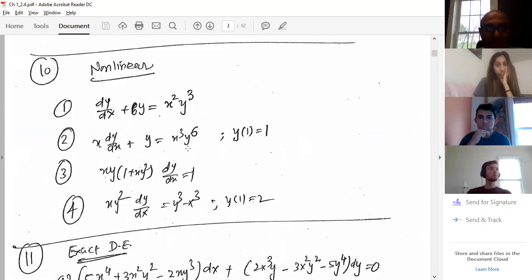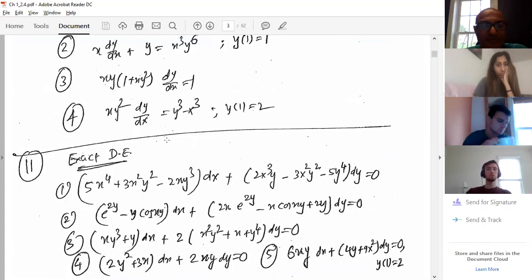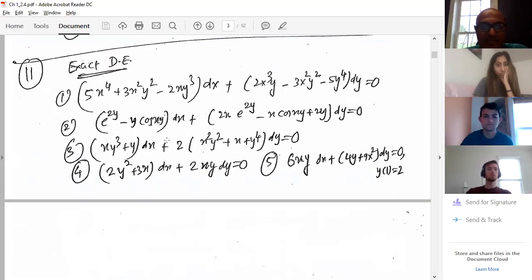If I solve an example here, suppose example number 10.1, that doesn't mean you don't have to write it down. You have to write this one too. If I take the same example in class, you have to repeat it, write it down in your own handwriting and submit it to me on the exam day.